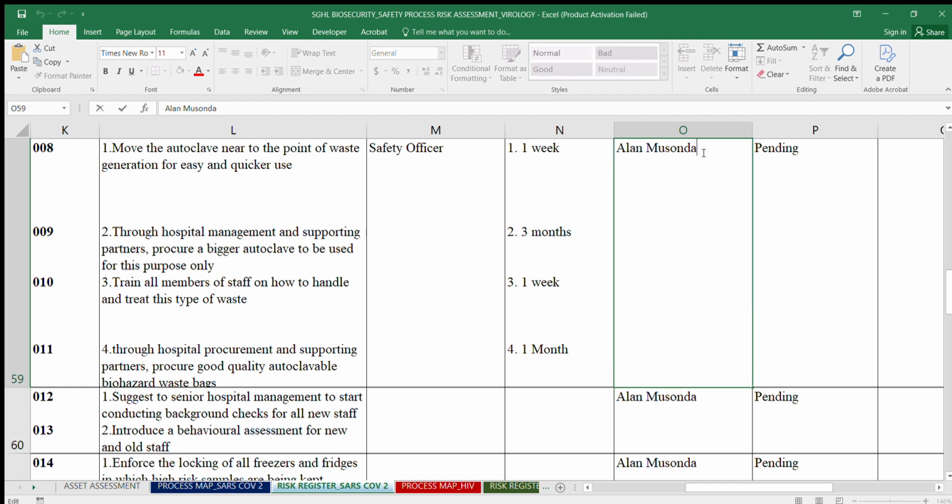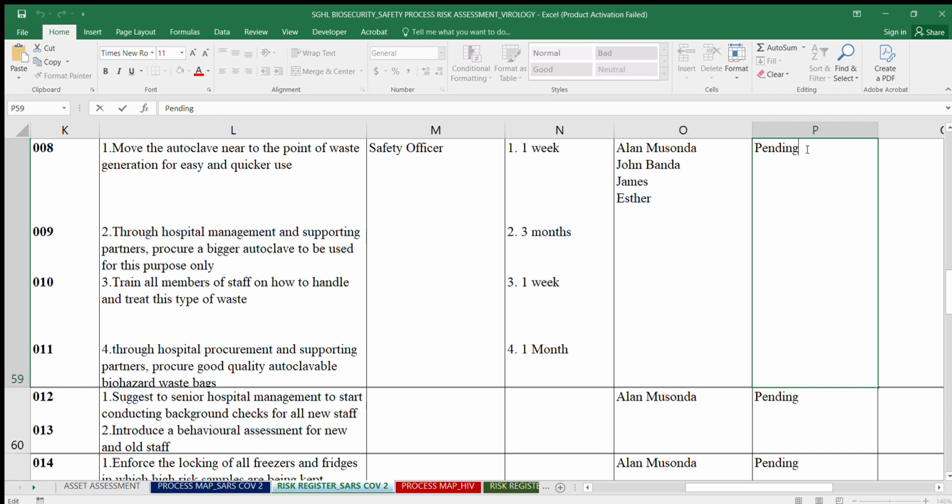So here, this is where you're indicating the risk assessment team. So if there was more than one person who did the risk assessment, you indicate their names here as well. Maybe there was John Panda, maybe you had James, maybe there was Esther, and maybe other people that were part. So you indicate their names there.